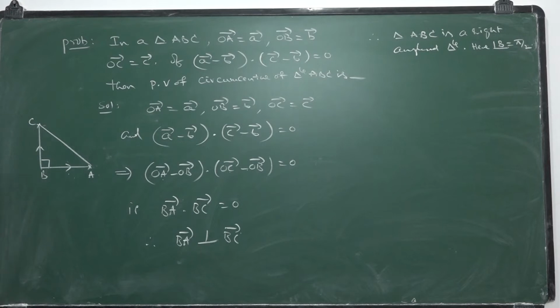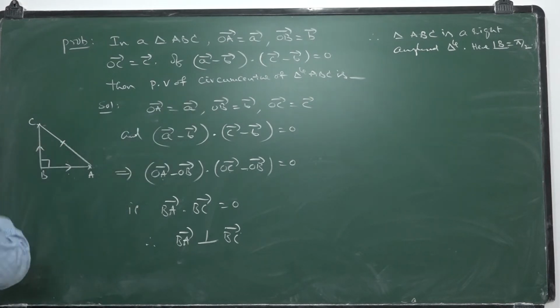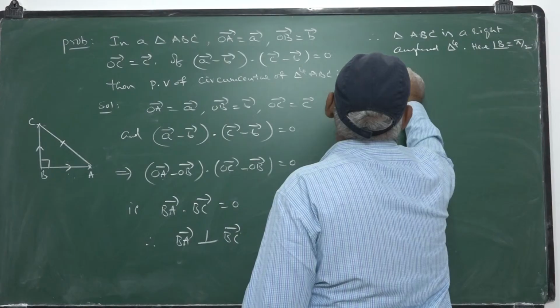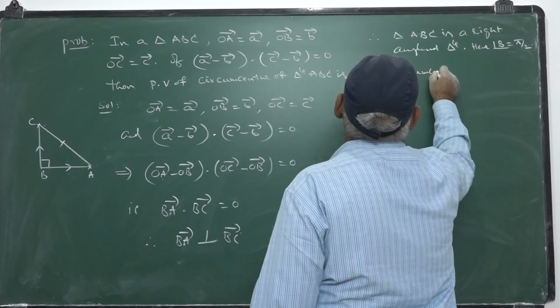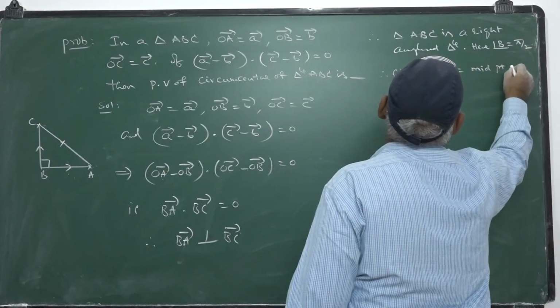In a right angled triangle, the circumcenter is the midpoint of the hypotenuse itself. So therefore, the circumcenter is the midpoint of AC itself.